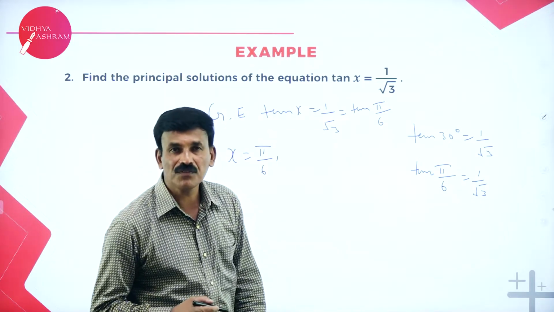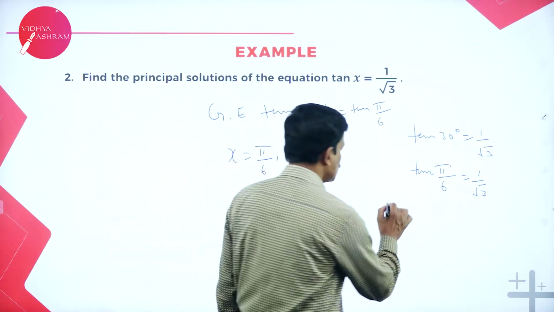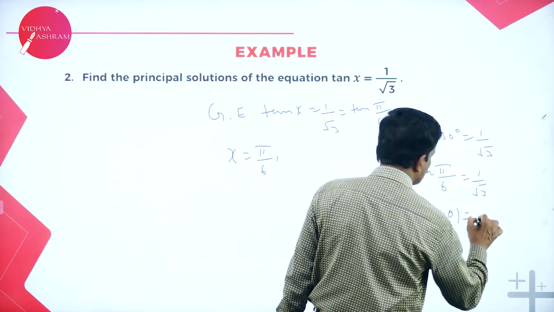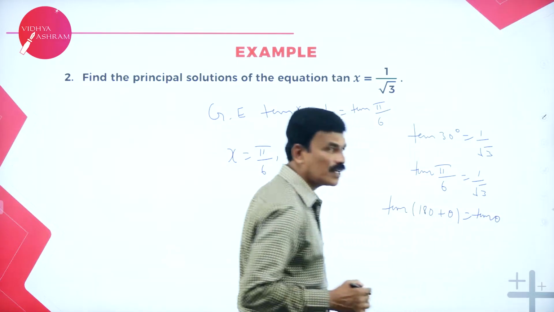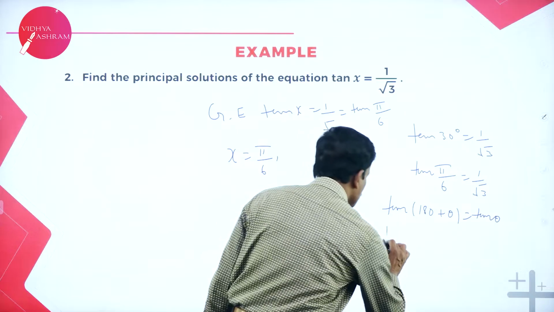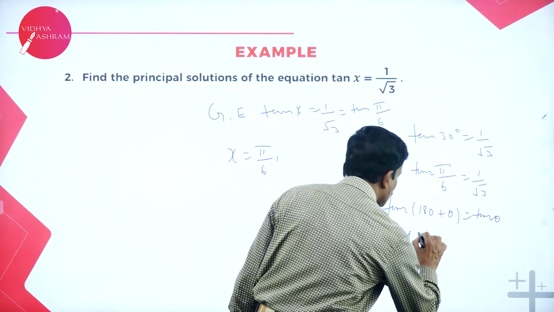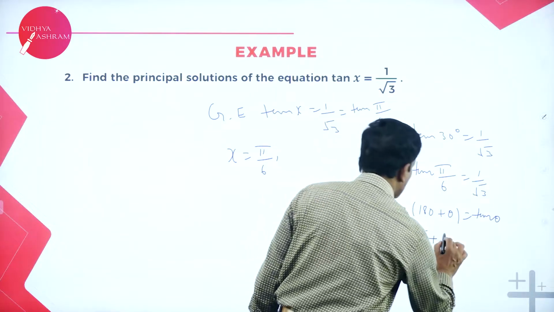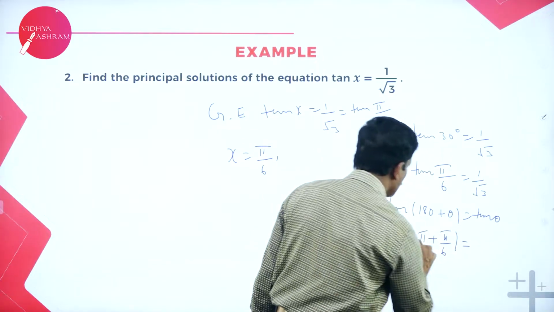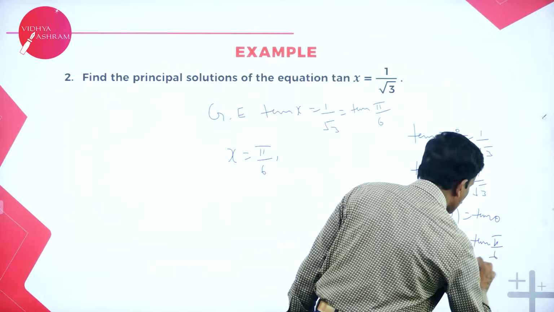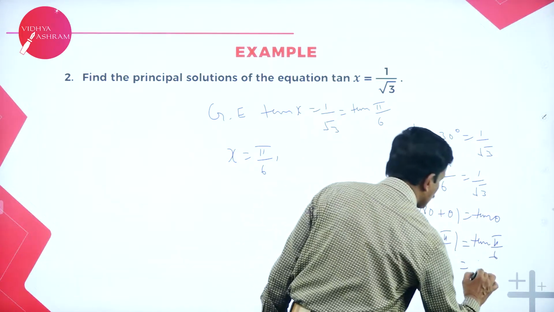Now another value of x which satisfies this equation: we know tan of 180 plus theta is equal to tan theta. In the third quadrant, tan is positive. So this can also be written as tan of pi plus pi by 6, which is equal to tan pi by 6, that is equal to 1 by root 3.